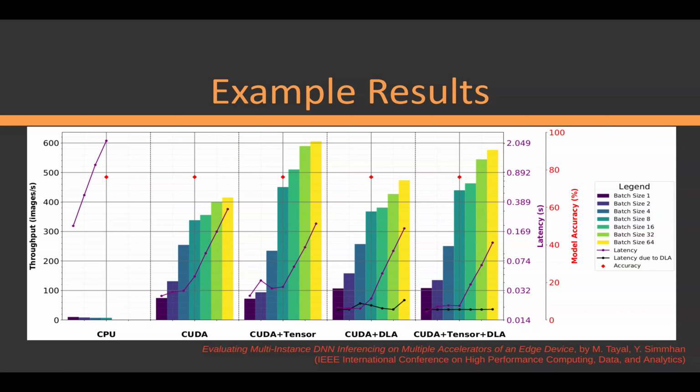Well, in those cases, you can always use the complete combination of CUDA plus tensor plus DLA, all running at once. And what this means is that you might not be getting the best performance that you could get with either of the two already available combinations. That is, you might not be able to get as good a performance as CUDA plus tensor cores when operating on bigger batch sizes, as well as you might not be able to match the results of CUDA plus DLA when running on smaller batch sizes.